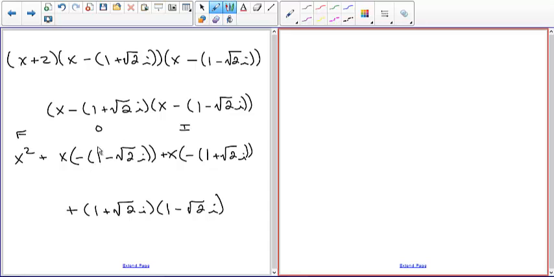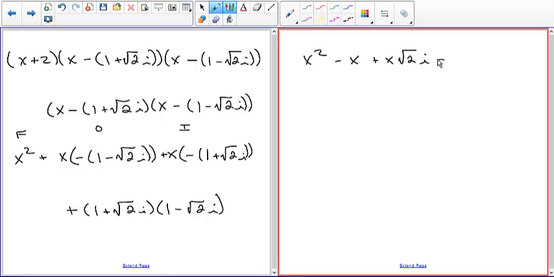Now, when you multiply this out, you'll have x times negative times 1. So for this part, you get negative 1 times x. So that's negative x. Now the second part, you have x times negative times this part. So that's going to be plus, because you have this minus times that minus, and then you have x times the square root of 2i. Now we go to the second one. You have x times negative 1.